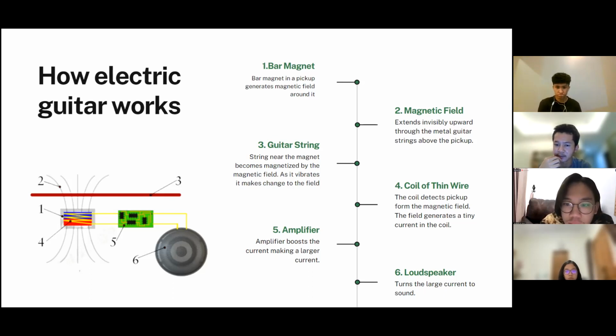The change in the field will generate a tiny current in the coil according to Lenz's law, and then the tiny current is transferred to the amplifier that boosts it to make a larger current, which is then transferred to a loudspeaker that turns the electrical signal into sound.